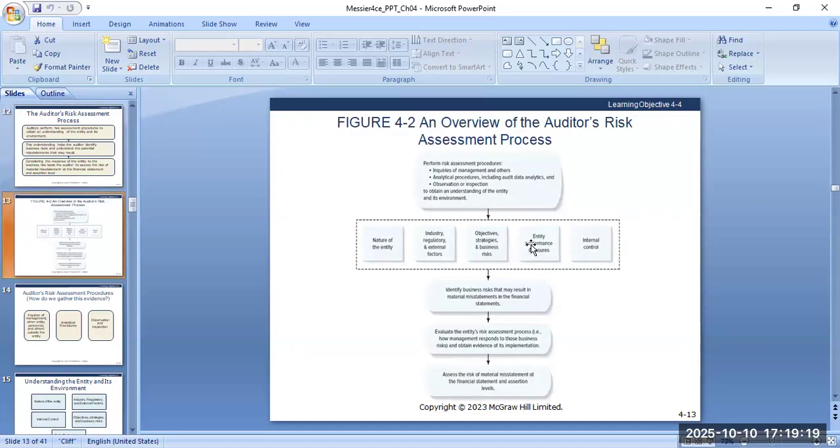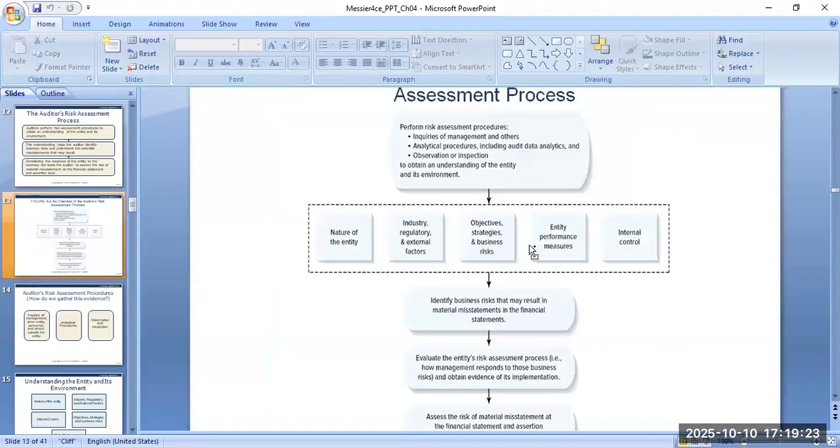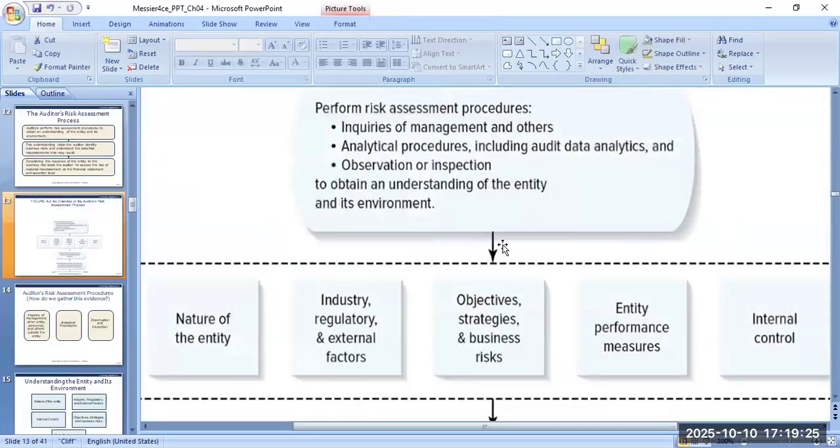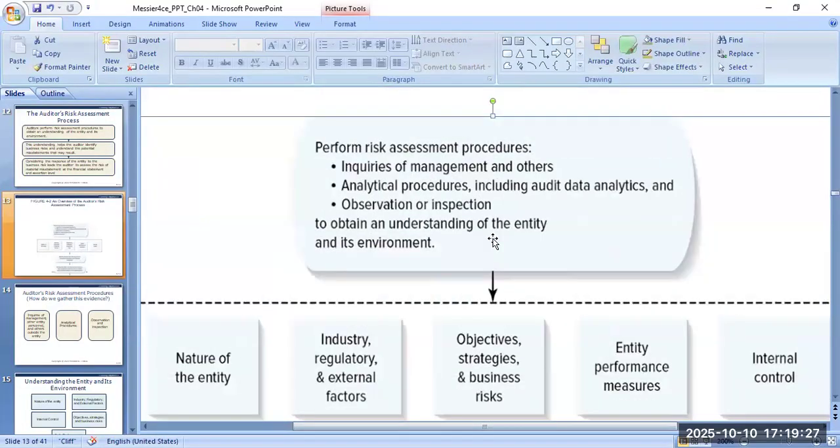So let's see an overview of the auditor's risk assessment process. First, we're going to perform risk assessment procedures. We're going to inquire of the managers about the business entity, the business environment, the nature of the business, anything.